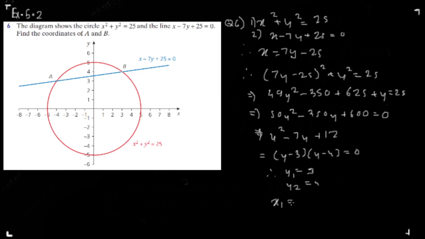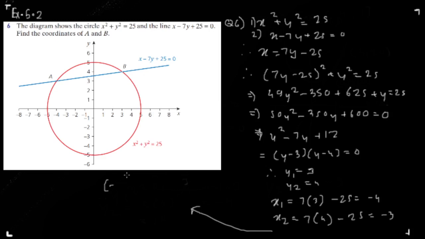So x1 is equal to 7 times 3 minus 25, which equals minus 4. x2 is equal to 7 times 4 minus 25, which equals 3. So the answers are (minus 4, 3) and (3, 4). You can verify this if you want.